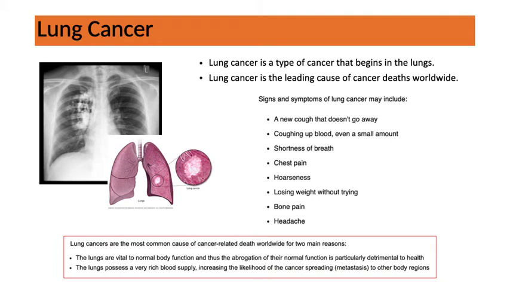There are some signs and symptoms of lung cancer that include a new cough that doesn't go away, shortness of breath, and coughing up blood. This is something that usually makes people go to the doctor and find out, oh, I have lung cancer.